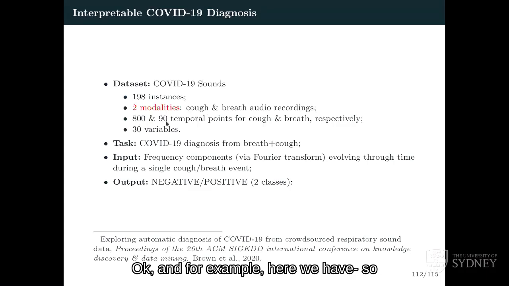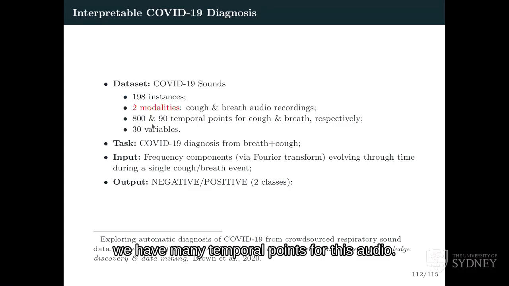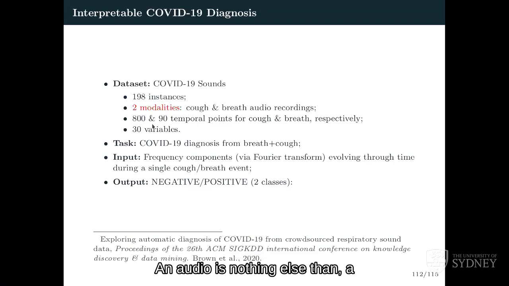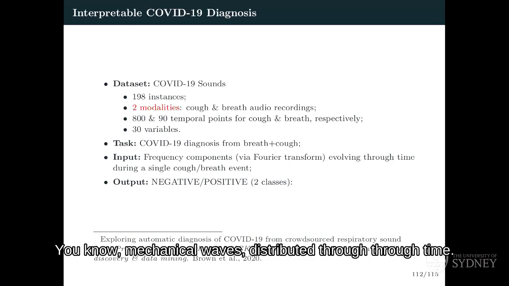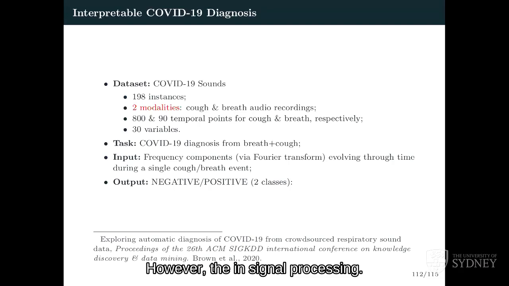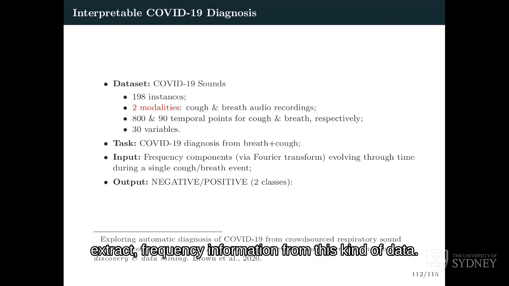And for example, here we have many temporal points for this audio. An audio is nothing else than a univariate time series where you have some mechanical pressure hitting the microphone, mechanical waves distributed through time. However, in signal processing, it is very, very common to extract frequency information from this kind of data.